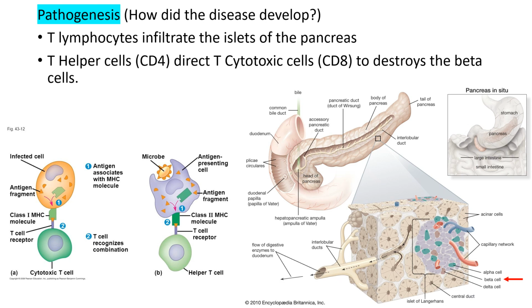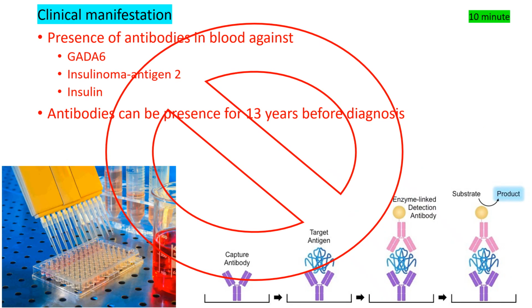And if the beta cells are destroyed, you no longer will produce insulin. So that is pathogenesis. How did the disease develop? It started because the fingerprint was wrong. We'll skip over clinical manifestations.